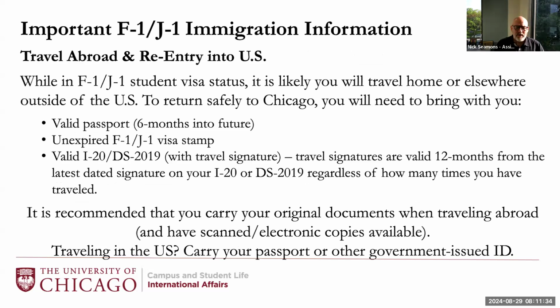It is always important that students are aware that they will need a valid passport dated 6 months into the future from the next arrival, an unexpired F1 or J1 visa stamp or sticker placed in their passport, and a valid I-20 or DS-2019 with a travel signature dated not more than 12 months in the past. Those are the documents that are required for re-entry into the United States.